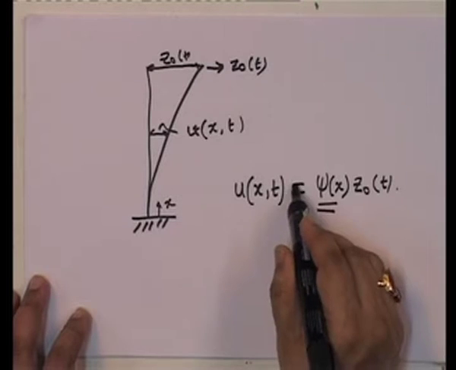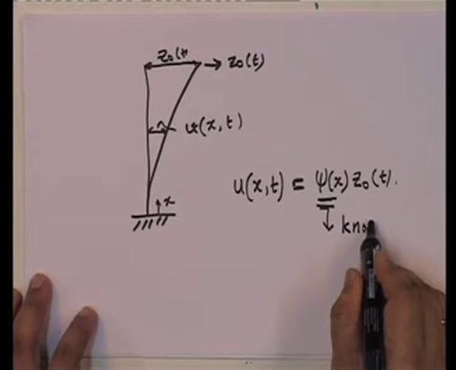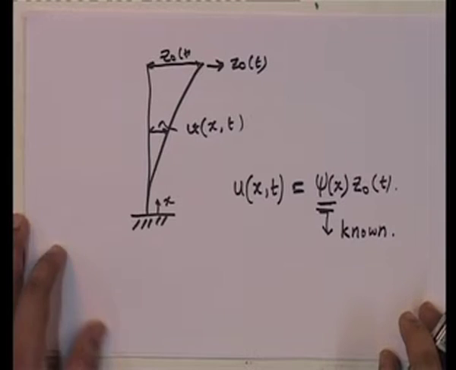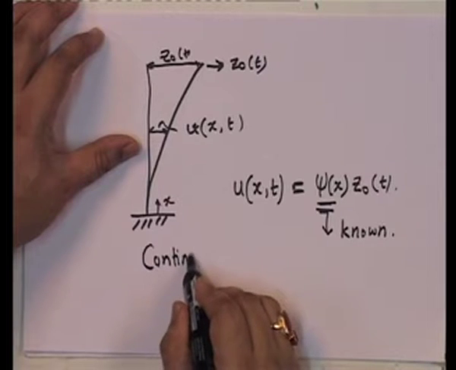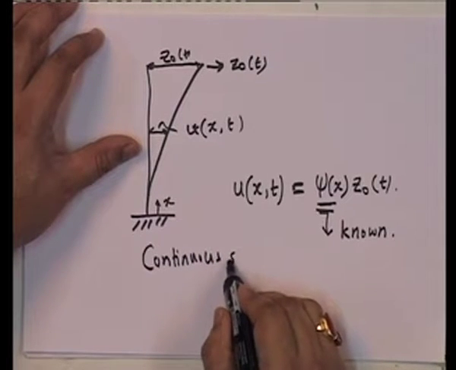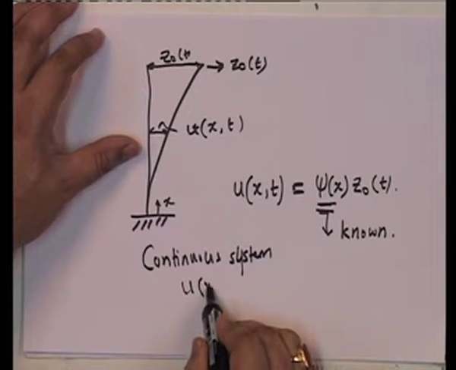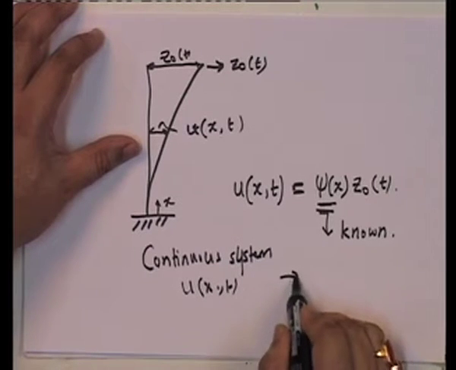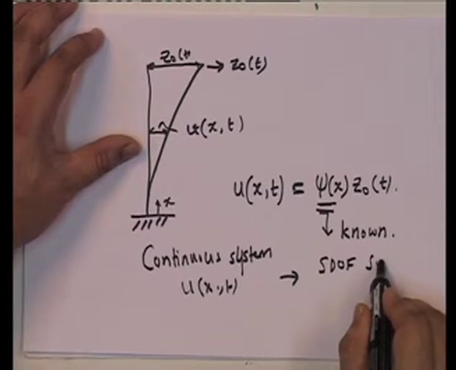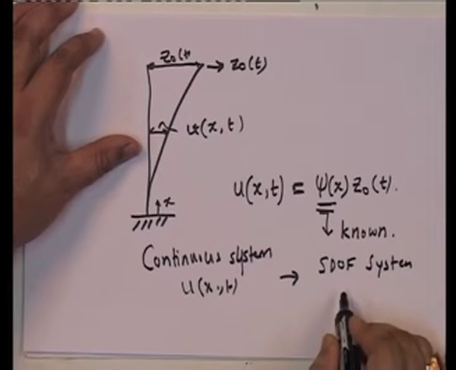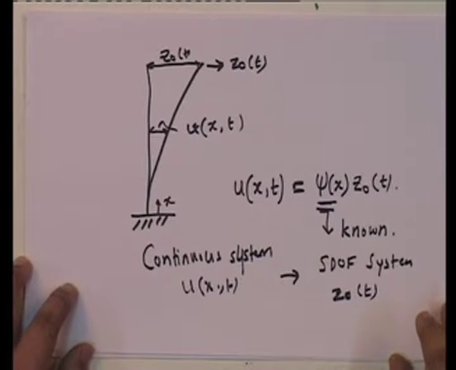If we write it in this form, where xi(x) is known, then this continuous system given by u(x,t) transforms to a single degree of freedom system with z0(t) as the only unknown.